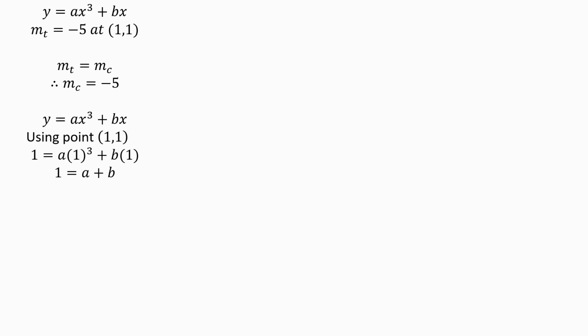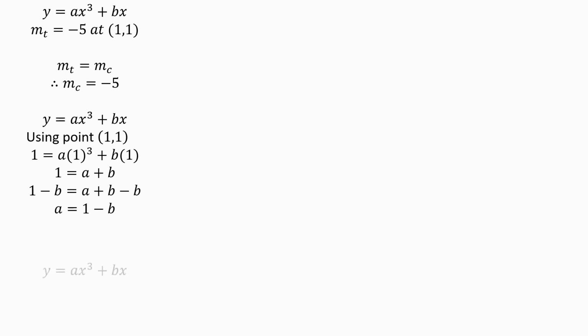And to make a the subject of the formula, we are going to subtract b from both sides. So we have 1 minus b equals a plus b minus b. So we have a equals 1 minus b. We mark that equation.